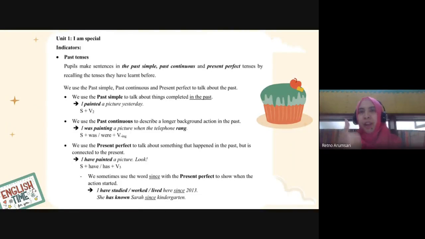Whenever you see ever or never in the sentence, the answer is most likely present perfect. I have never been to Europe. I have never seen the Eiffel Tower before. Have you ever visited the Great Wall? For example, like that. Okay, 6C?